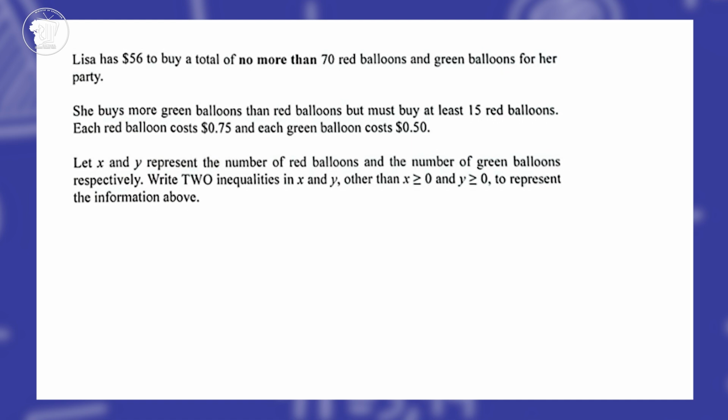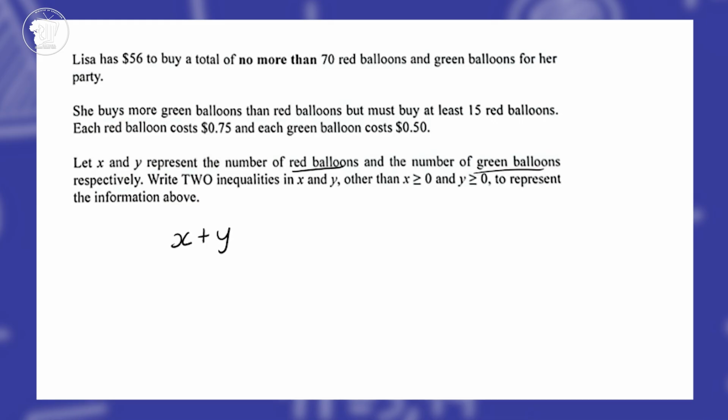So we want two inequalities, so any two inequalities. Let's see, what can we write? The first thing we can say is x plus y. x represents the number of red balloons and y represents the number of green balloons. If we add up the total number of balloons bought, she said that she can buy no more than 70.